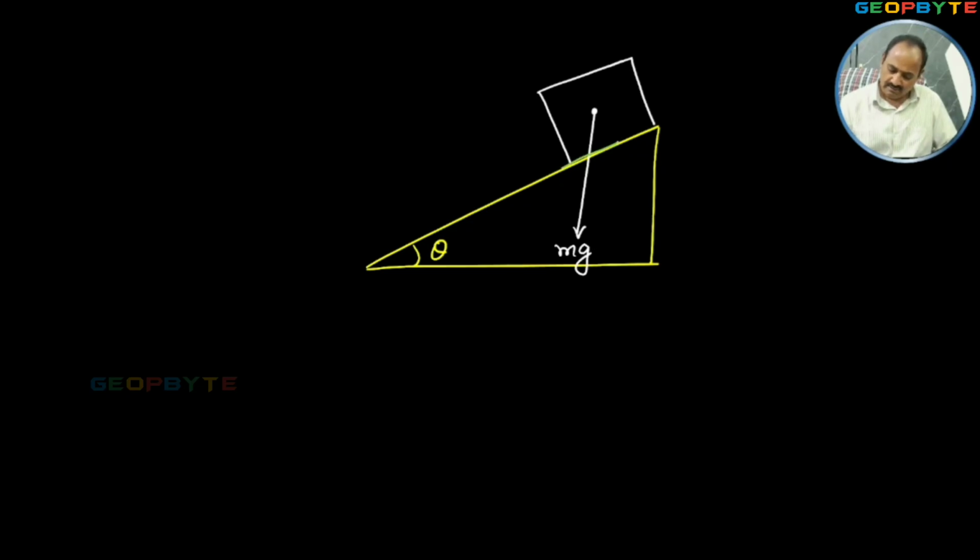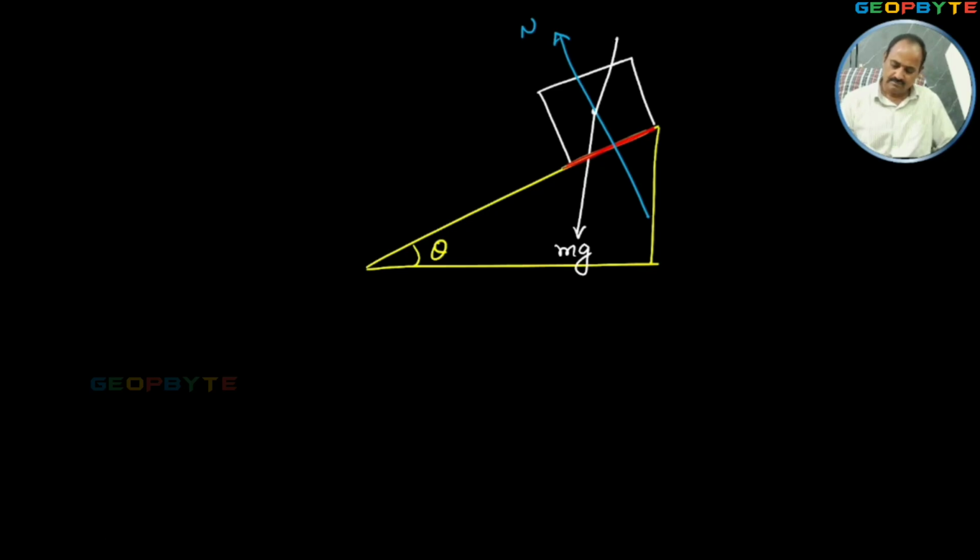Normal reaction is always perpendicular to the contact surface. Look at the contact surface. This is the contact surface. Normal to that contact surface, normal reaction is developing.